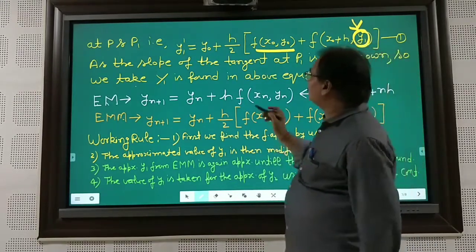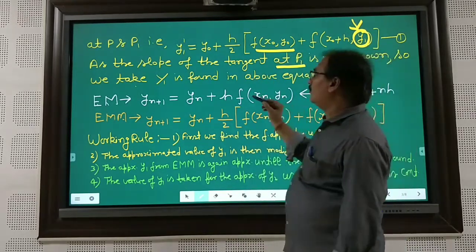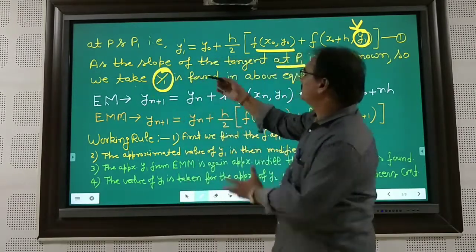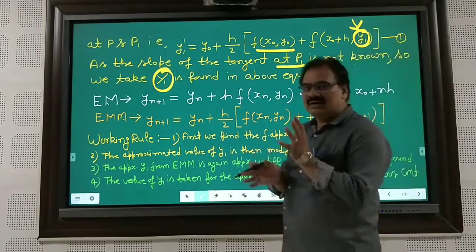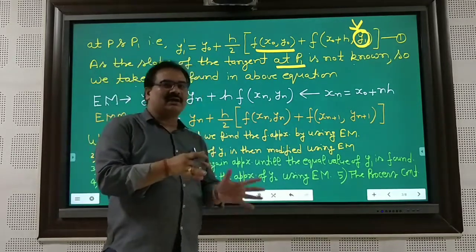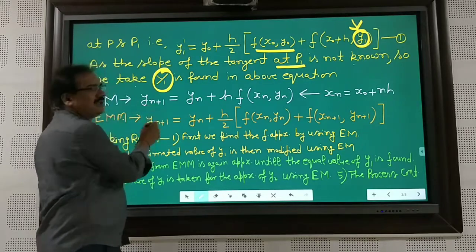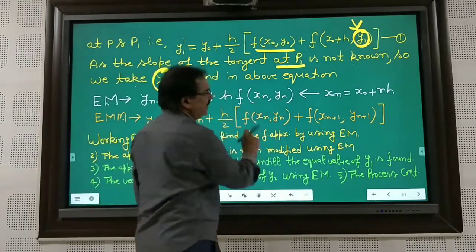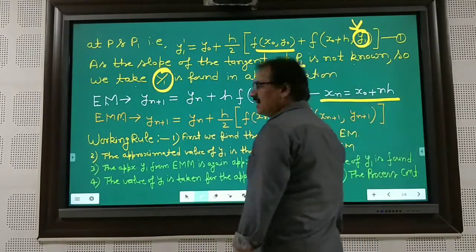Now, as the slope of the tangent at P1 is not known, we take y1. I have changed the symbol for y1 just to differentiate; y1 is found from the above equation. It means here we will use both Euler's method and Euler's modified method. We already know that in Euler's method y(n+1) is yn plus h f of xn, yn, where xn is equal to x0 plus nh.